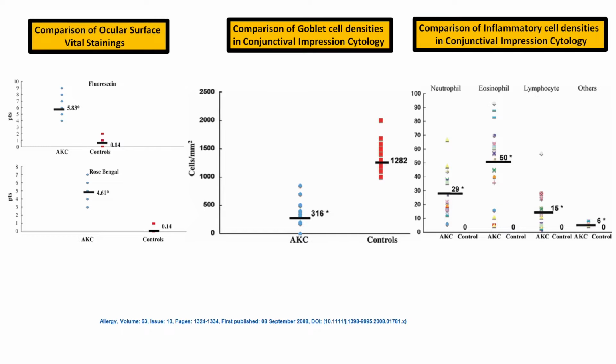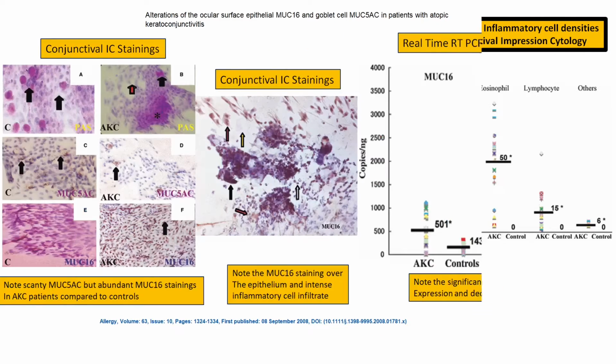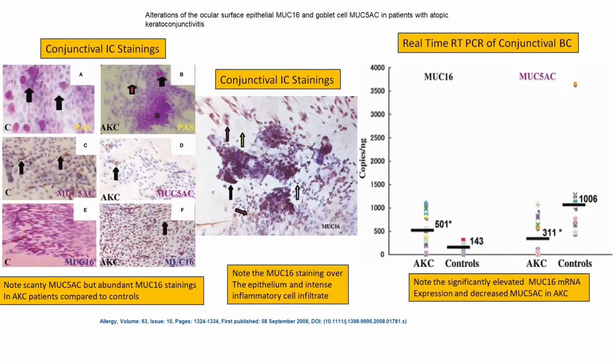AKC patients again had significantly higher vital staining scores, lower goblet cell densities, and higher inflammatory cell counts compared to healthy controls. Impression cytology showed scanty MUC5AC but abundant mucin 16 staining in AKC compared to controls, and there were intense inflammatory cells within the epithelium.